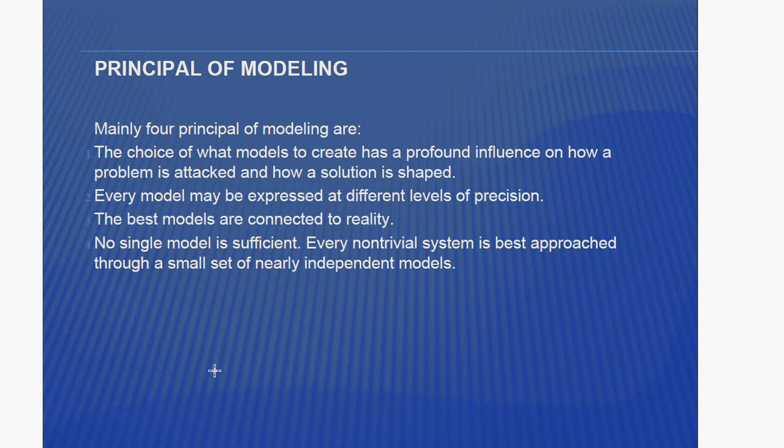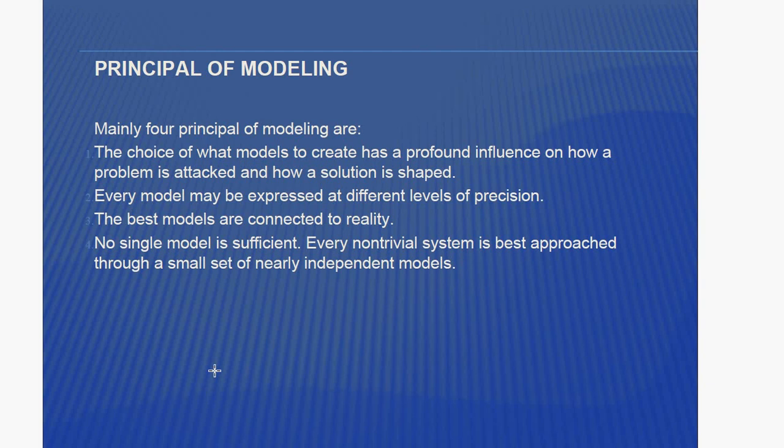The third principle of modeling is the best models are connected to reality, and that is the fact. When we are supposed to say which model is best, criteria number one is that the model that is best is the one that is connected to the reality, that gives the picture of the reality.